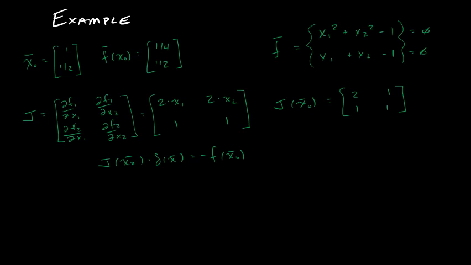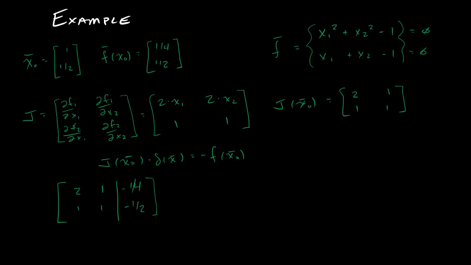Now we can just do some matrix action here. I'm taking 2, 1, 1, 1, and we're trying to reduce to row echelon form, and we're looking for negative f of x0, so it would be negative 1/4, can't do fractions apparently, and negative 1/2.